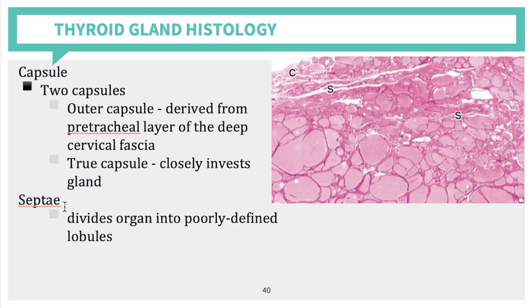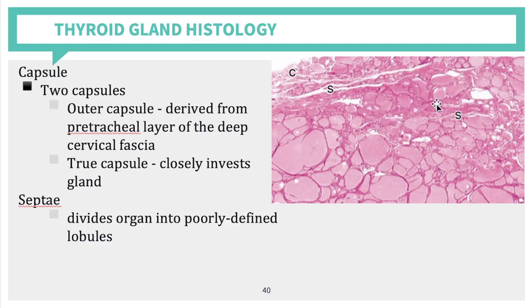You also have your septae. This one here, letter S, that's going to be your septae. Your septae now will divide the organ into poorly defined lobules. So, again, this is a septae, this is a septae. So, they divide your gland into lobules. But again, it is poorly defined. You cannot really appreciate the division into lobules.